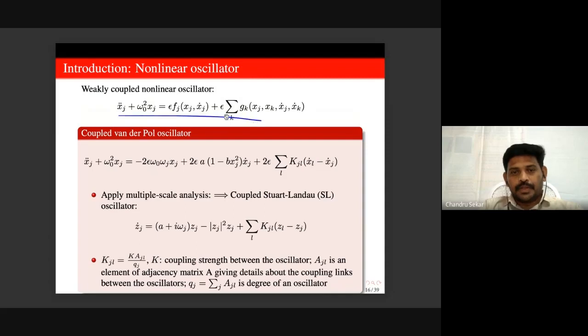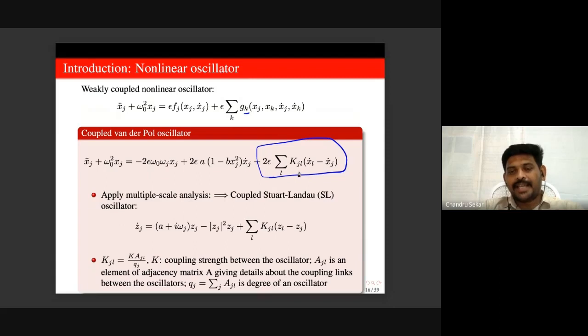Here epsilon g_k represents the weak interaction between the oscillators. Again, for illustration, I consider coupled van der Pol oscillators with this type of coupling.